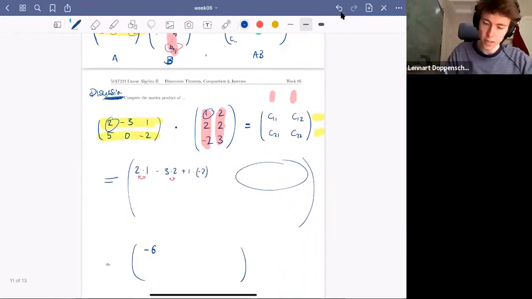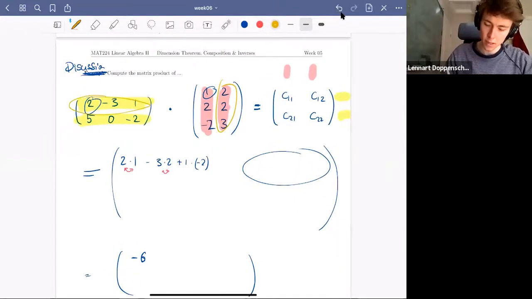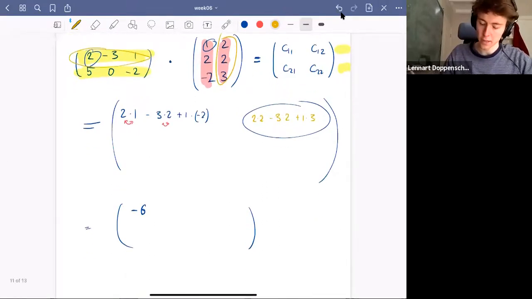So for this, we need the second column here, and still the first row. So now we have to pair these two together. This gives 2 times 2, minus 3 times 2, plus 1 times 3. And so we see that this is 4 minus 6 plus 3. So this is going to be 1.